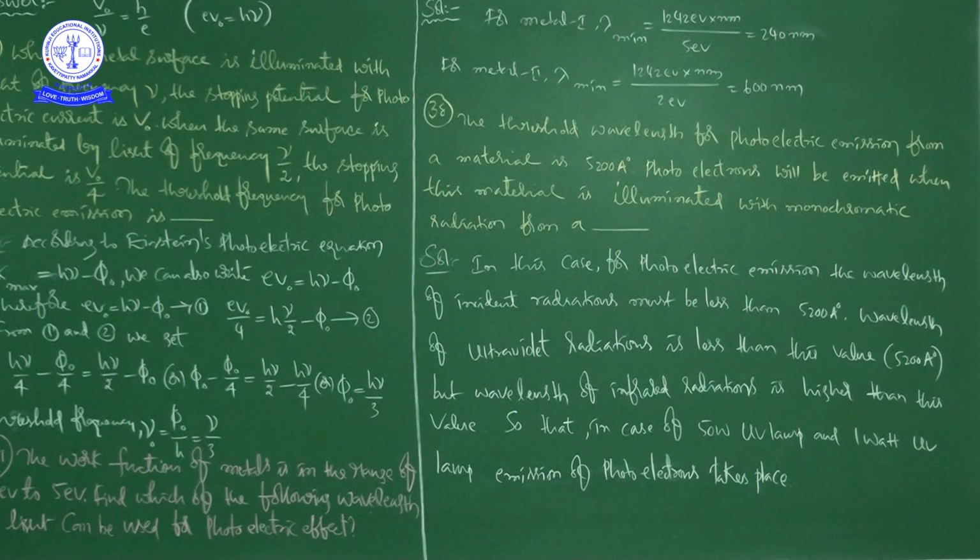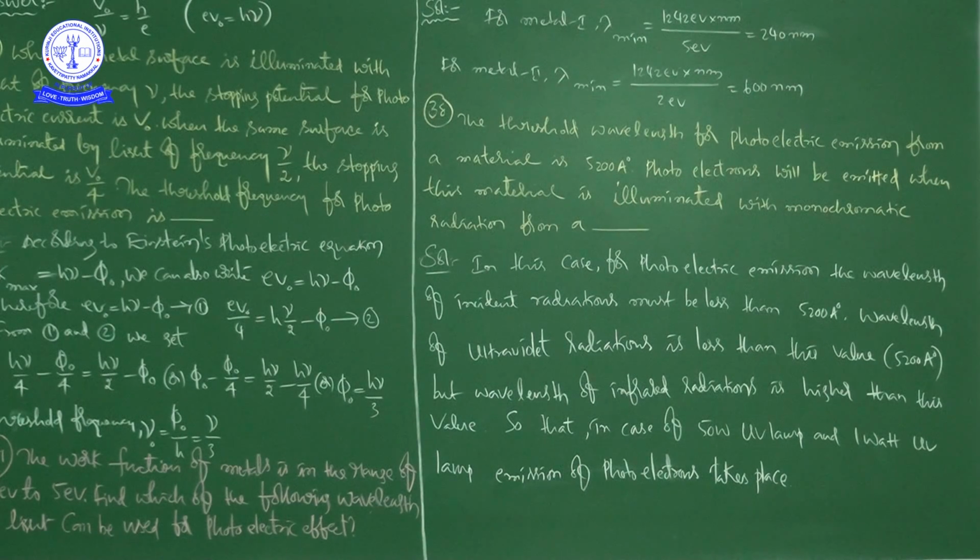Then for metal 2, lambda minimum is equal to 1242 electron volt nanometer divided by 2 electron volt, which is equal to 600 nanometers. This is what I already told you, the definition of threshold wavelength, regarding this problem.